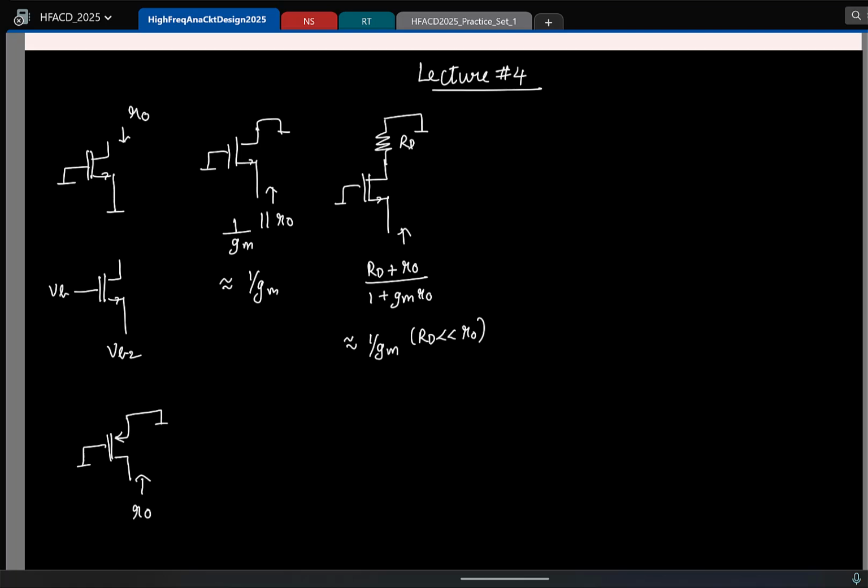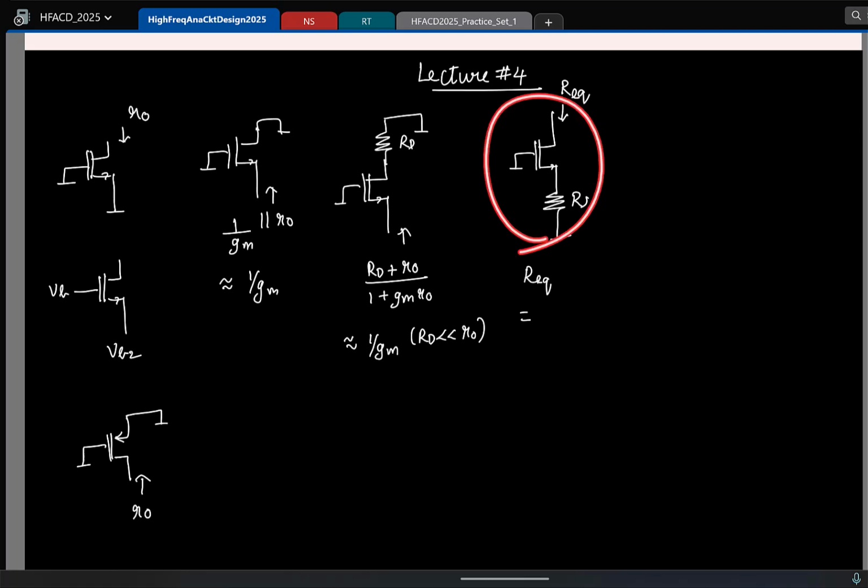Okay, so then let us say you have this setup, drain is incrementally short, gate is short, you have a resistor RS, sorry, drain is not short, let's say. So what is the resistance looking into the drain now?